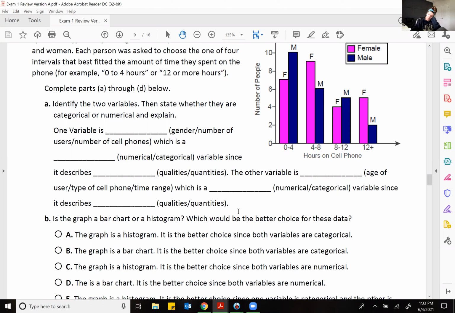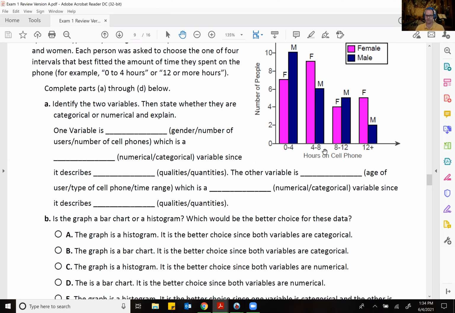So categorical is always going to be qualities? Categorical should be qualities, absolutely, because the category describes characteristics about you. This is one question to be careful on, and it's really the second part of that question that gets you.